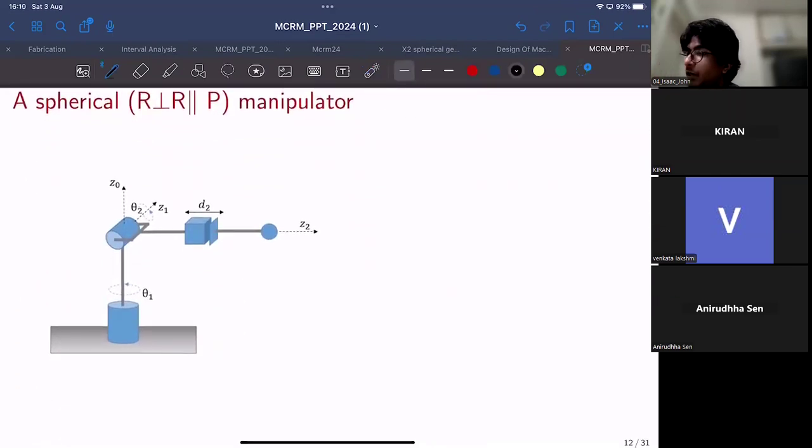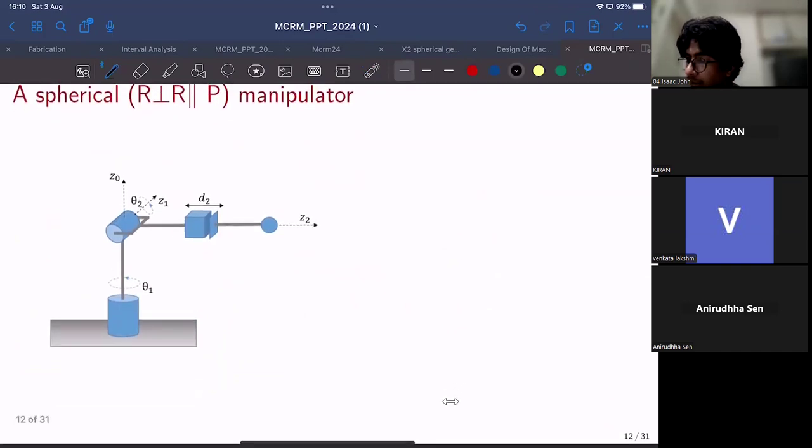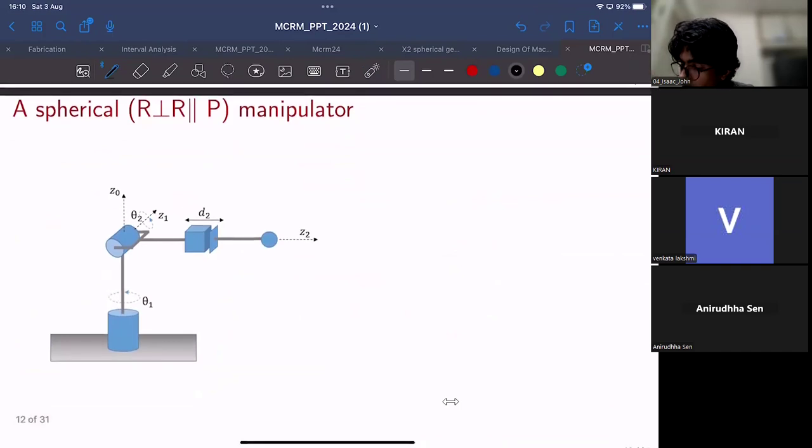Okay, we have one more example over here, but I'm a bit worried about the time that we have. We'll try to solve this. So this is basically an RRP manipulator, or you can also call this a spherical manipulator, right?